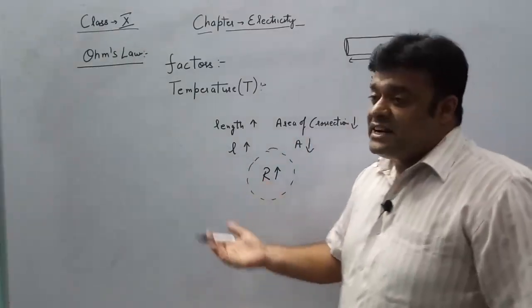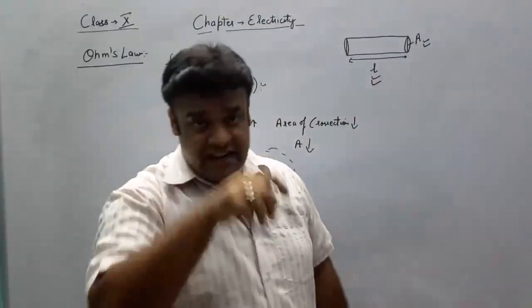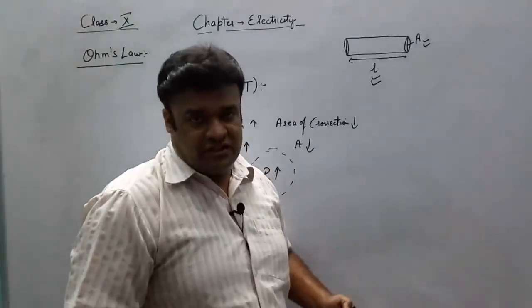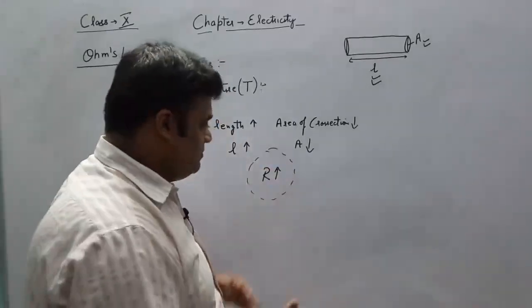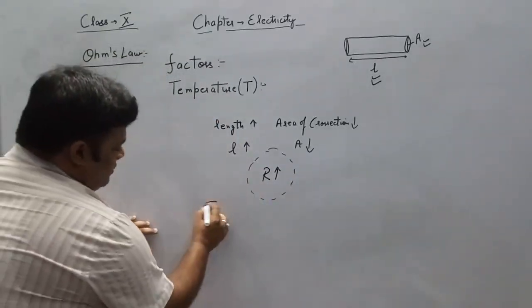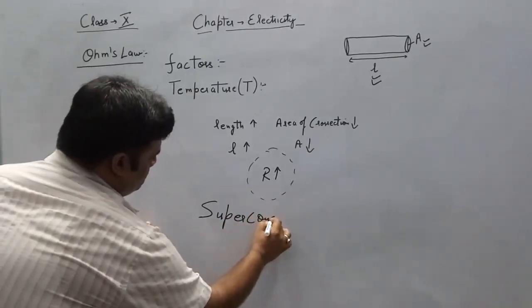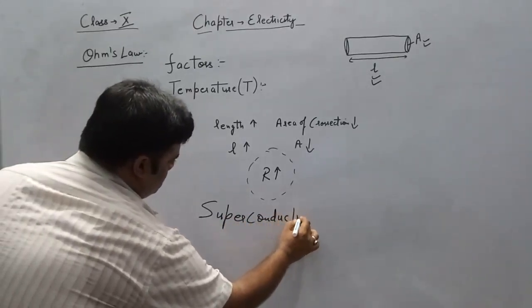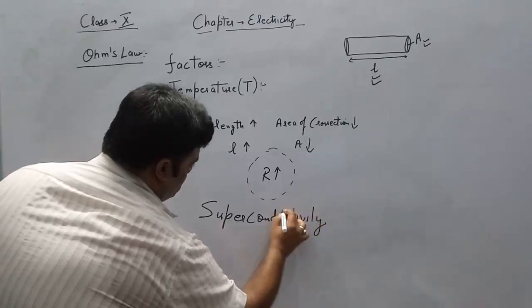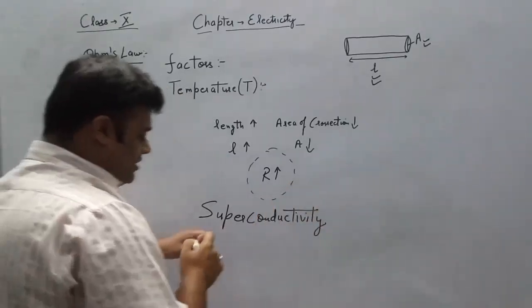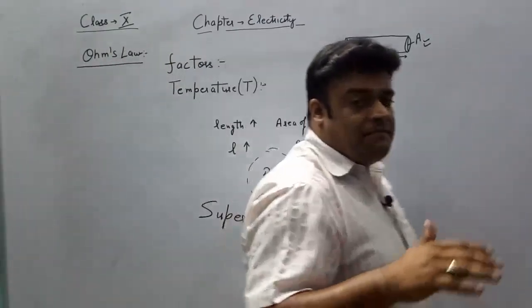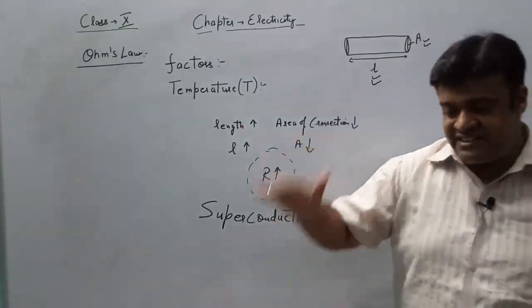When temperature is decreased to a very low temperature, there is one condition which we call superconductivity.